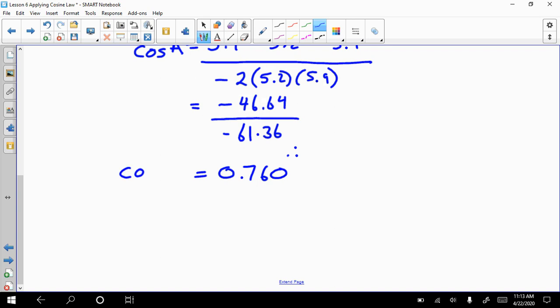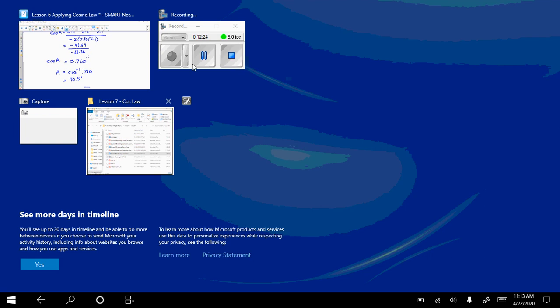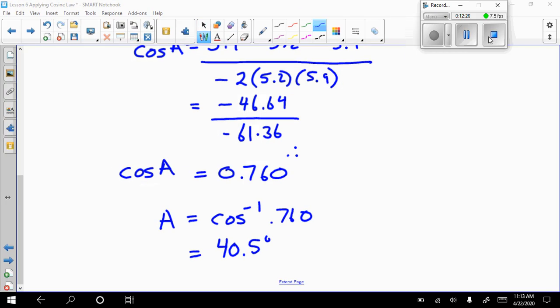But remember, that was cos of angle A. So to get angle A, we've got to do that little inverse cos function. So you go to your calculator and you do second function cos, and then answer, and I get roughly 40.5 degrees is my angle. Okay, we're going to try one more question here. We're going to try an application.